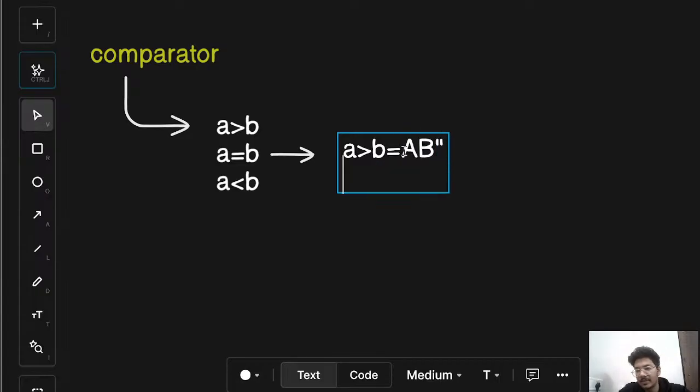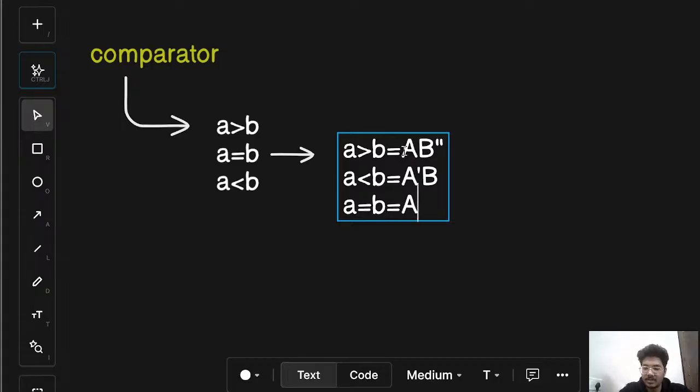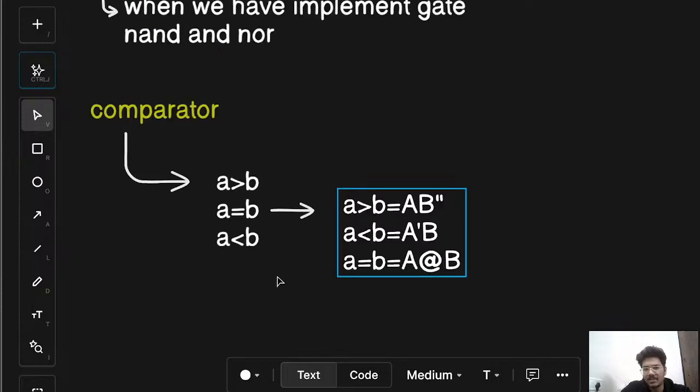A less than B means A negation and B. If A is equal to B, this means A XOR B, using an inverter after the XOR. For multiple bits, we use a cascaded bitwise comparator, going from LSB to MSB.